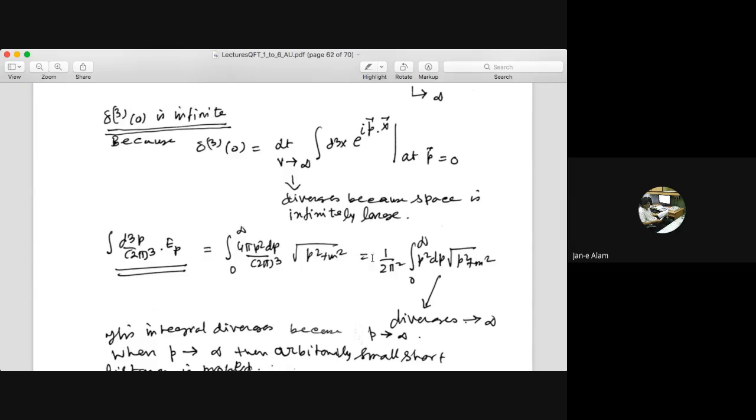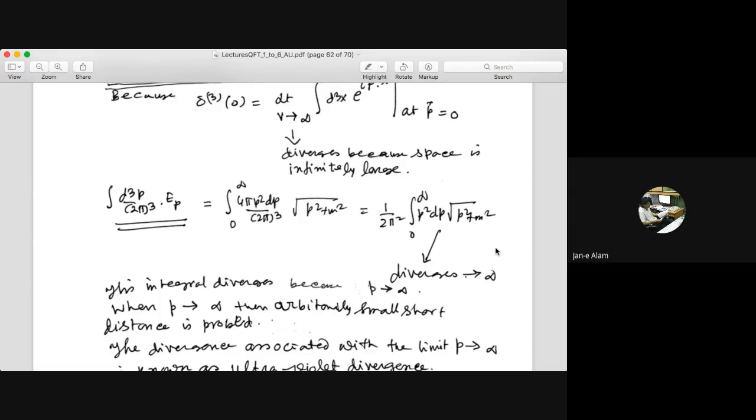This integration simplifies to the integral from 0 to infinity of p square dp times the square root of p square plus m square. This will certainly diverge if you put the limit p equal to infinity. This divergence is coming because the momentum can go up to infinity.